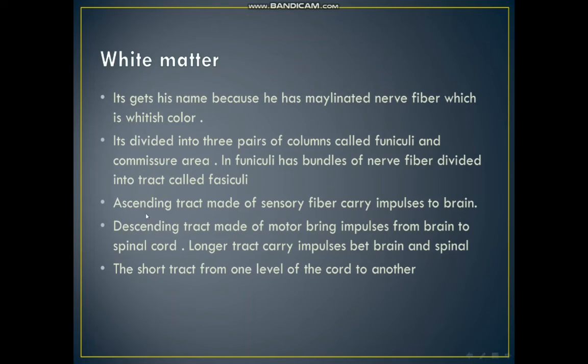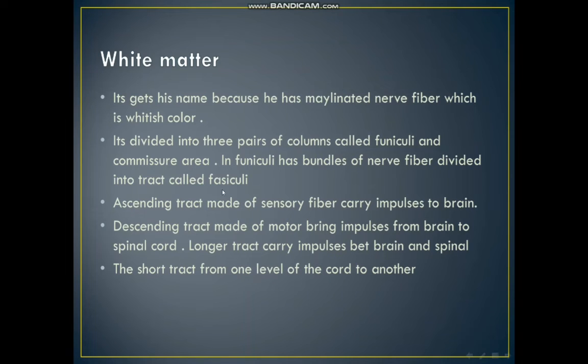There is the ascending tract, made of sensory fibers that carry impulses to the brain, and the descending tract, which carries motor impulses from the brain to the spinal cord. Ascending and descending tracts have 2 types: longer tracts and shorter tracts. The longer tracts carry impulses between the brain and spinal cord, but the shorter ones carry impulses from one level of the cord to another.